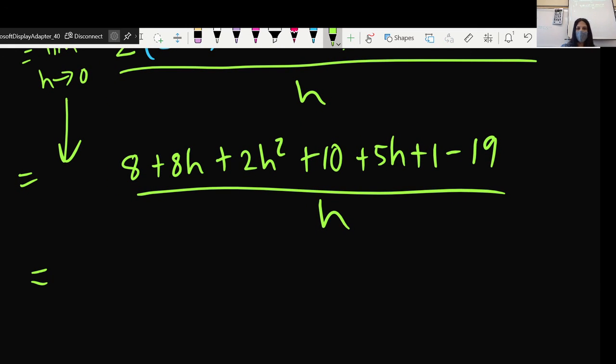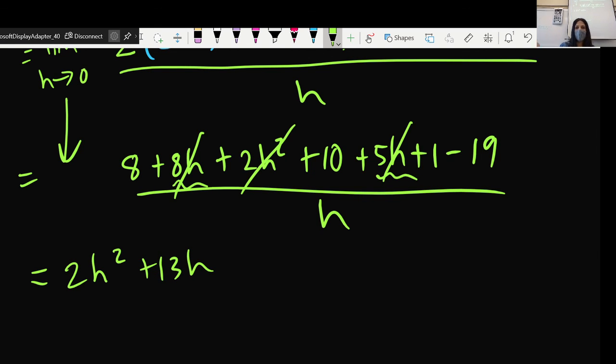But if we take a look at this here, and we want to figure out what we're able to simplify, well, there's only one 2h squared, so I still have that. But I can start to cancel out some of the other stuff. So if I look at 8h and this 5h, I have a plus 13h.